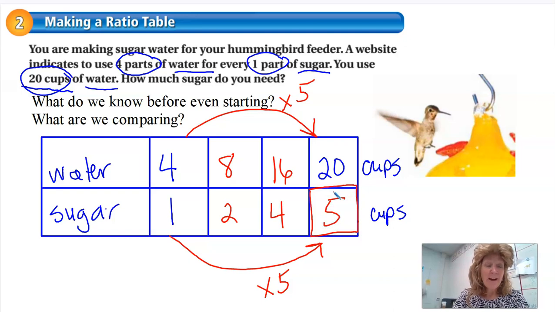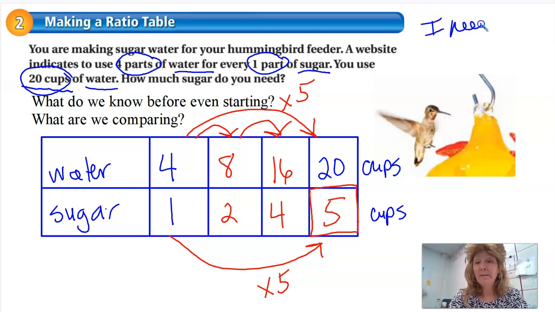It's not a bad idea to go and take some small swoops, right? Every time I go from one column to the other, I'm considering it a swoop. So what I figured out was I need 5 cups of sugar.